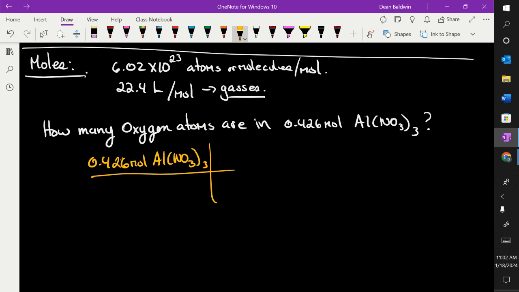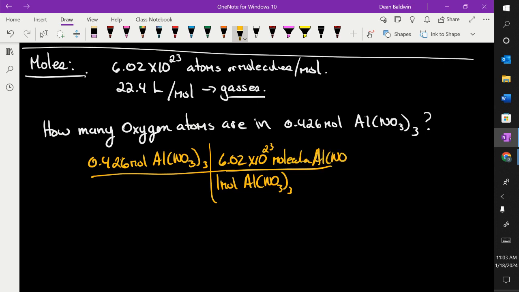So we know that 1 mole of AlNO3 has 6.02 times 10 to the 23 molecules of aluminum nitrate. Okay, so then we know that the moles of aluminum nitrate have disappeared, and now if we just multiply those together, we'd have molecules of aluminum nitrate, but that's not what I'm asking.